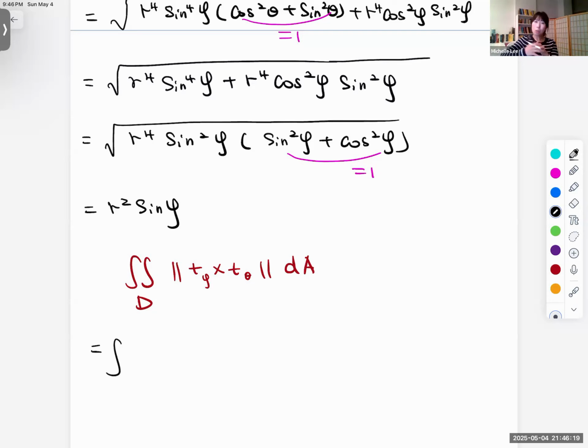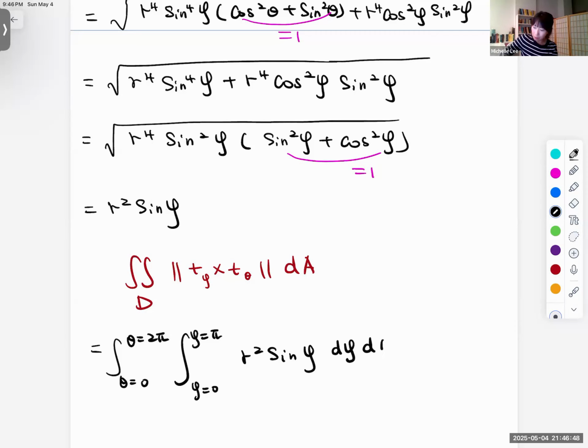We can put either one, phi first or theta first, it's okay. So let's do theta from 0 to 2 pi. In the beginning we had a domain, and phi was 0 to pi. And the magnitude of that will be r squared sine phi, then d phi d theta.